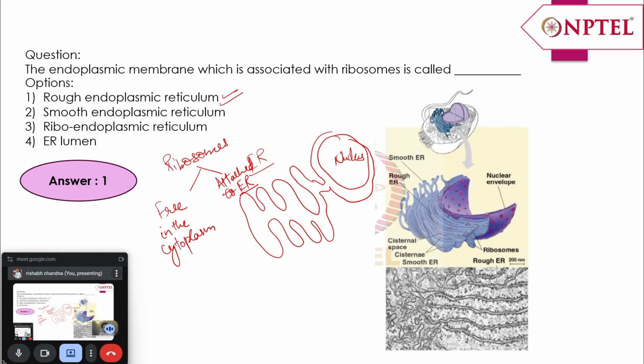The ones attached to the ER membrane give it a rough appearance, so this rough appearance given by the ribosomes gave it the name rough endoplasmic reticulum. The other one that we have is the smooth endoplasmic reticulum, which doesn't have any ribosomes attached to it, and it gives a smooth appearance.